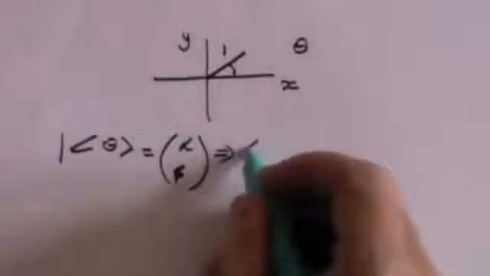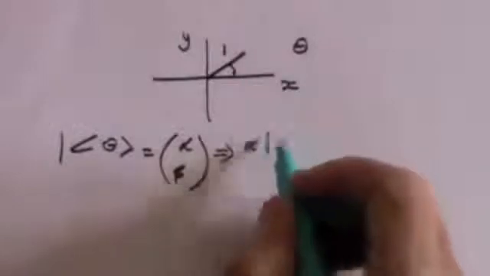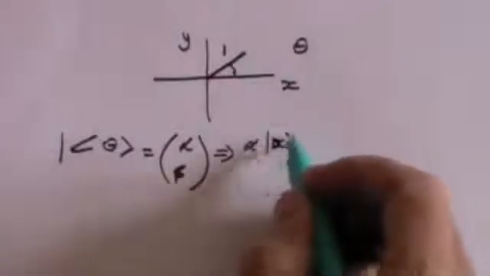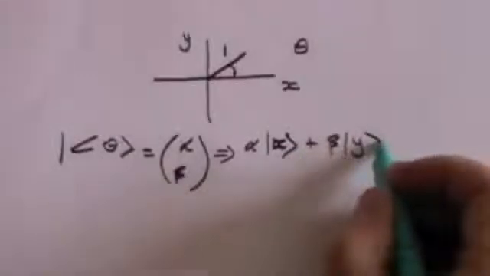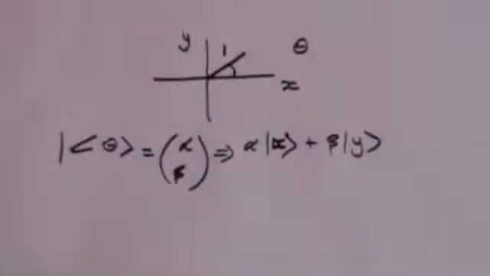And that can be written as alpha times the x basis plus beta times the y basis. That was the pattern that we used throughout in the previous eigenvectors. So what is alpha and beta?